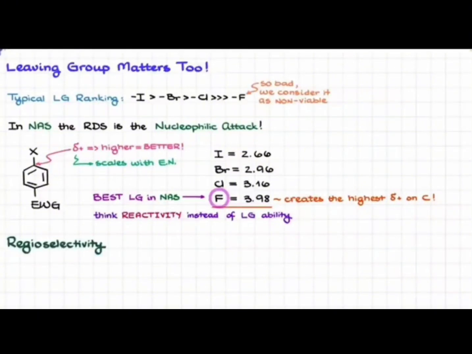So whenever you are thinking about regioselectivity of nucleophilic aromatic substitution in general, the very first thing we are going to check is the position of our leaving group and our electron withdrawing group. The electron withdrawing group and the leaving group must be ortho or para to each other. Then, if we're still in doubt which leaving group to choose, we're going to go with the fluorine, then chlorine, then bromine, and finally, if we have no other choices, that's going to be iodine.